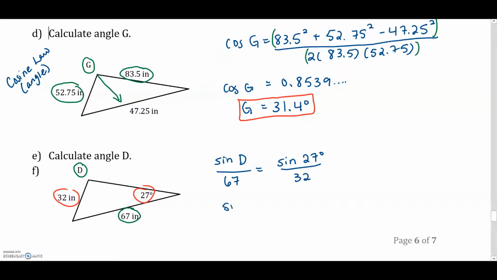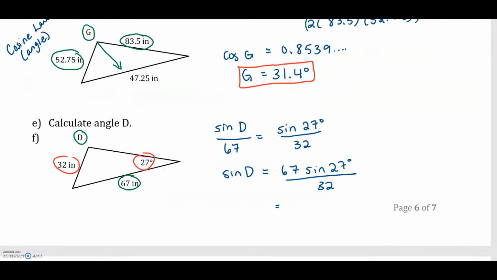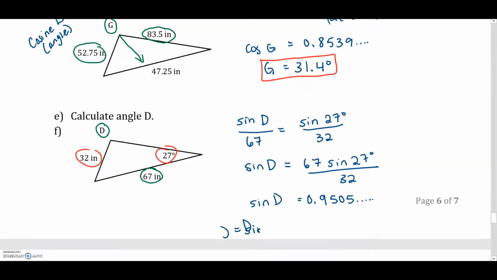Now we can solve for sine of angle D being equal to 67 times sine of 27 degrees divided by 32. And when we evaluate this all in one step on our calculators, we get 0.9505... And the last step is to find angle D by finding the sine inverse of that ratio.